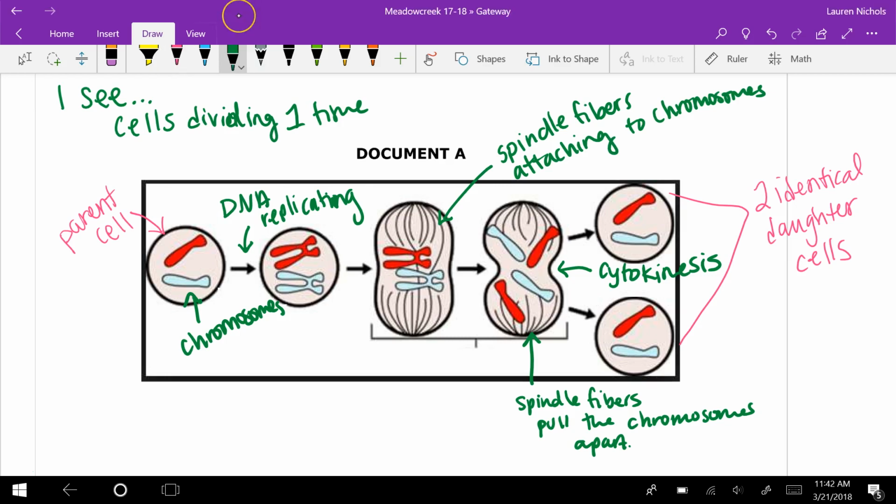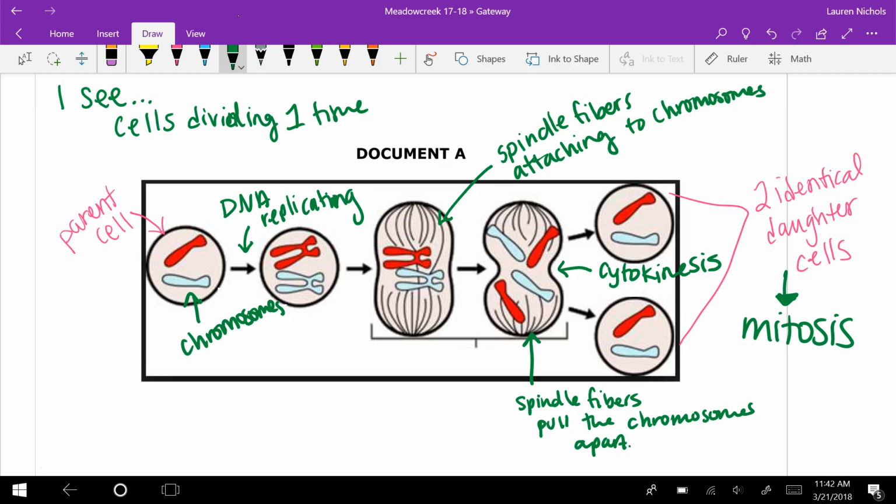Now, if we know that mitosis is the replicating of body cells, when your muscles replicate, right, or your skin replicates, it's important that the daughters are identical to the parent cell. So the fact that we end with 2 identical daughter cells, that is evidence for mitosis. So this is the process of mitosis, right?